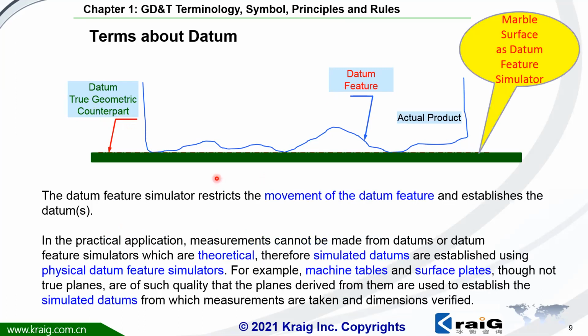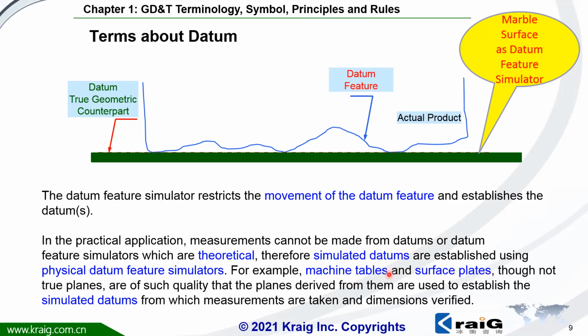But in the real world, there's no such thing as perfect. Practically, we are going to use some simulated datum to simulate the perfect datum. For example, machine tables or marble tables of CMM or surface plates.